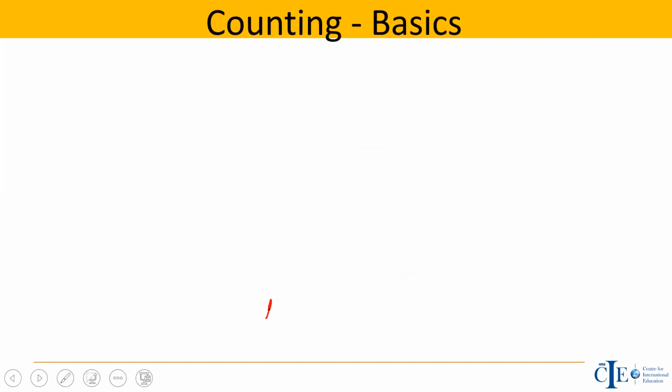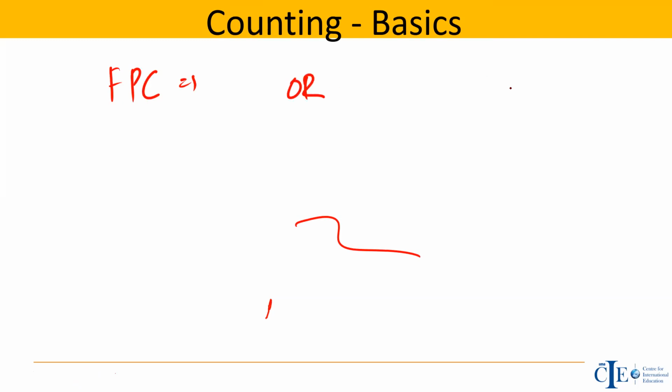The FPC is what we name them as, the fundamental principle of counting, which would cover everything related to that. The fundamental principle of counting states the OR rule and the AND rule.